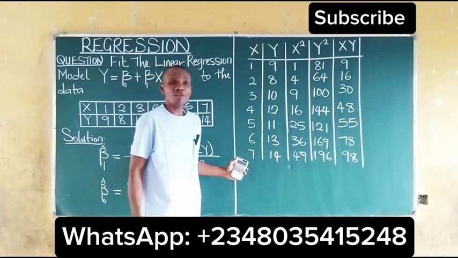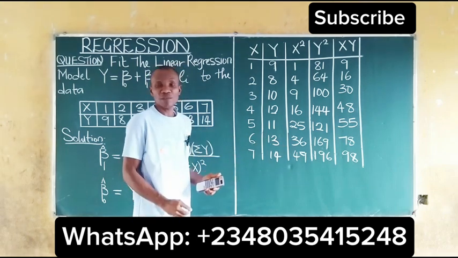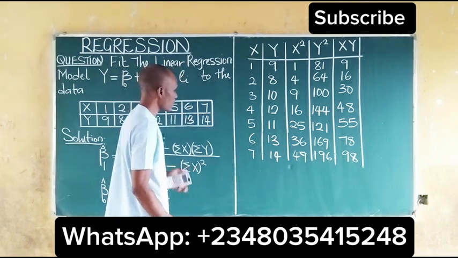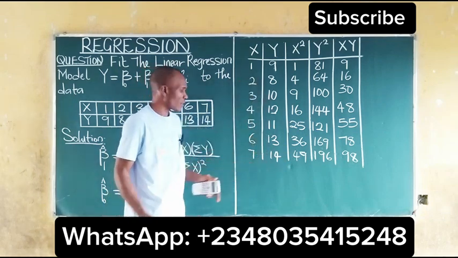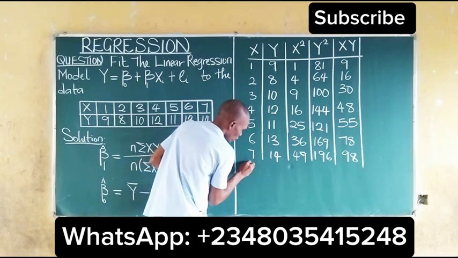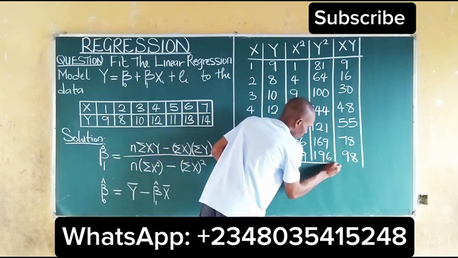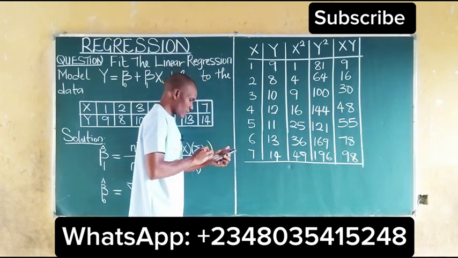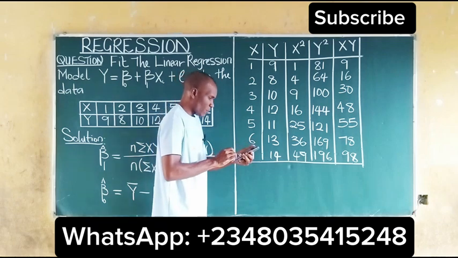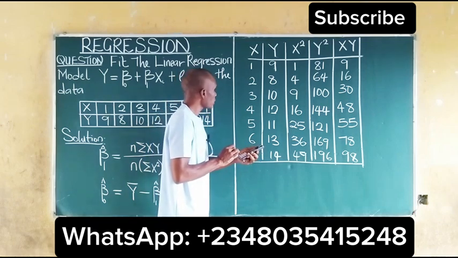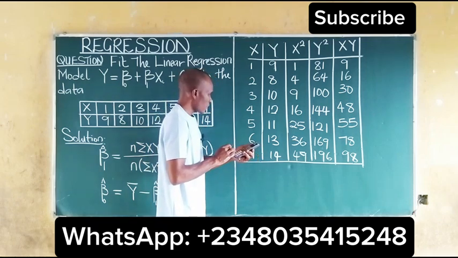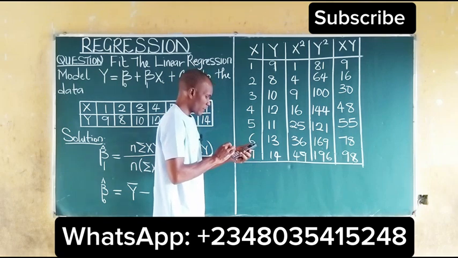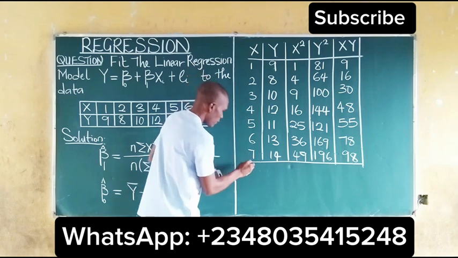The next thing to do is to find the total of all of them before we can compute this formula. So we have to find the total of all of these. So we rule our line. Now we add 1 plus 2 plus 3 plus 4 plus 5 plus 6 plus 7. We have 28.